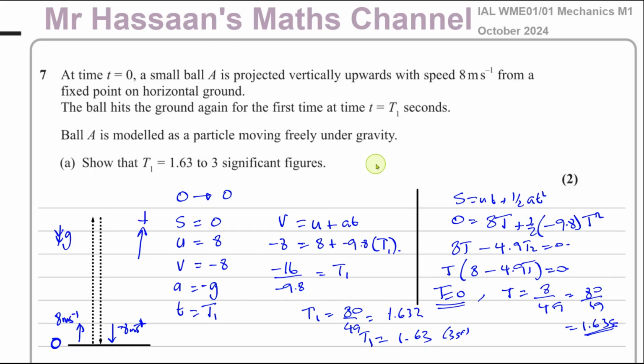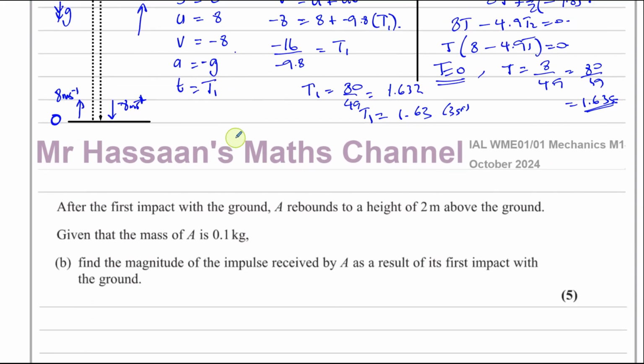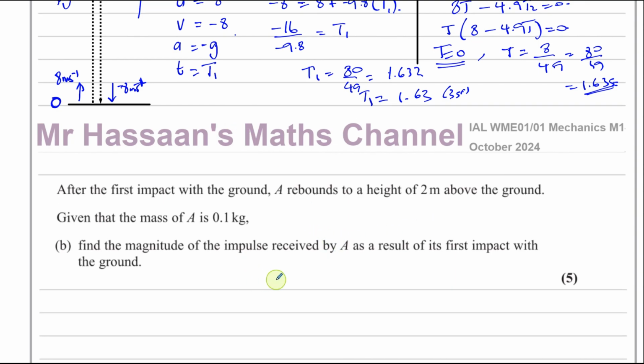All right, now for part B of this question, we have to go down here and see what it says. It says, after the first impact with the ground, A rebounds to a height of 2 meters above the ground. Given that the mass of A is 0.1 kilograms, find the magnitude of the impulse received by A as a result of the first impact with the ground.